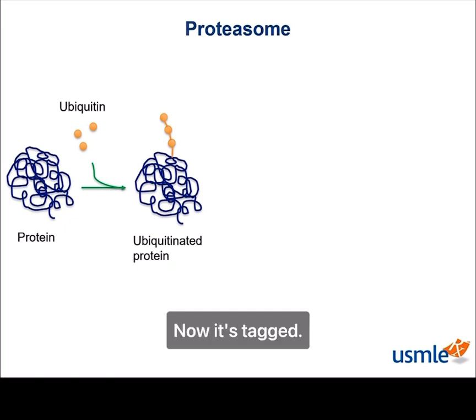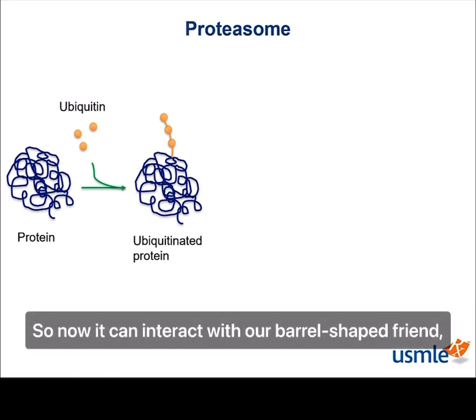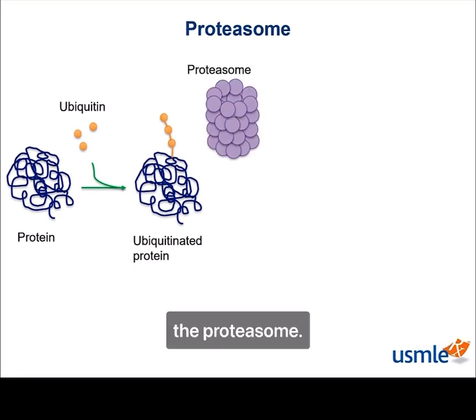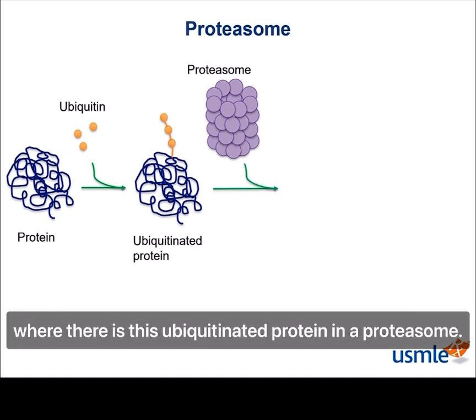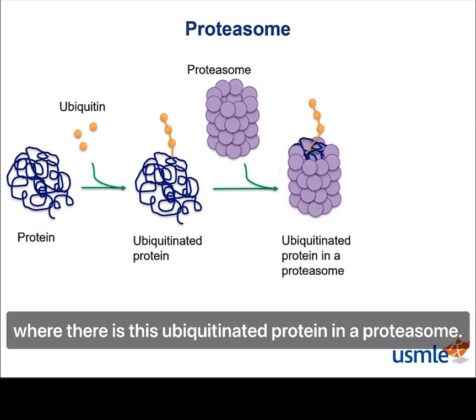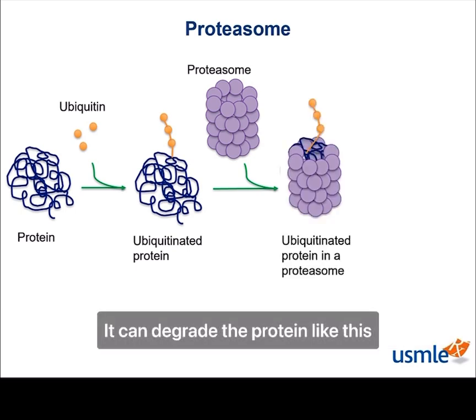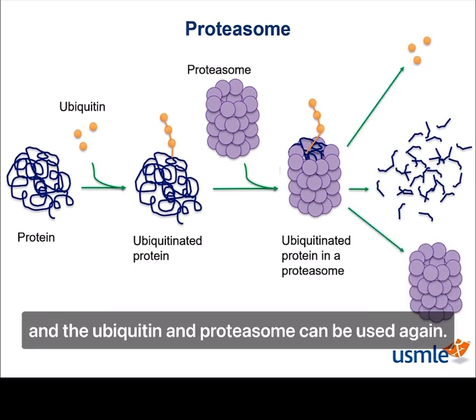Now it's tagged. So now it can interact with our barrel-shaped friend, the proteasome. And the proteasome can perform its function where there is this ubiquitinated protein in a proteasome. It can degrade the protein like this, and the ubiquitin and proteasome can be used again.